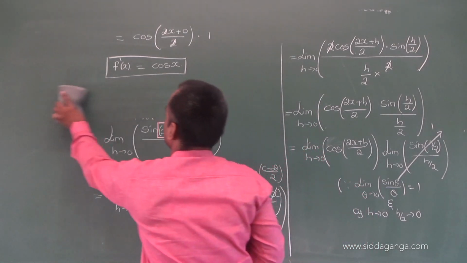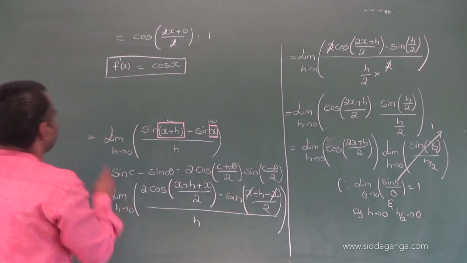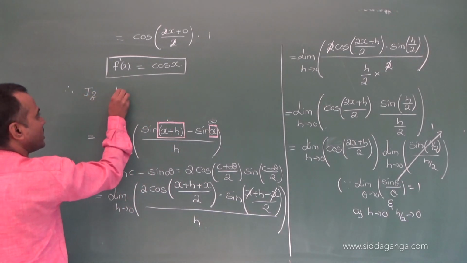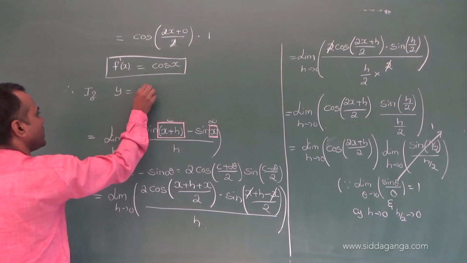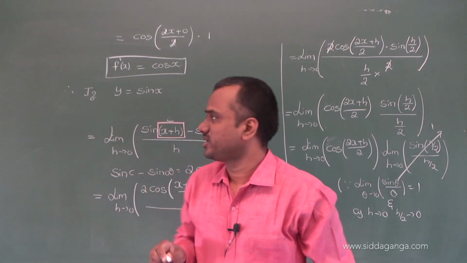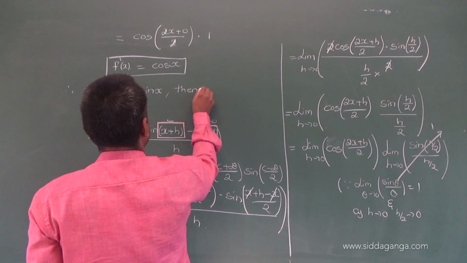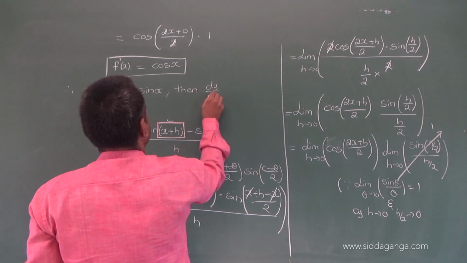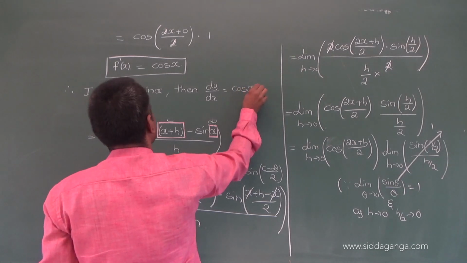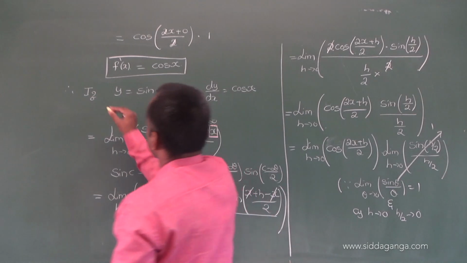We write here once again, one sentence I write. If y is equal to sin x, you remember, this is the third formula, if y is equal to sin x, then dy by dx is cos x.